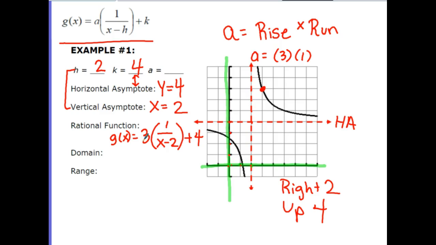The domain is all real numbers except the asymptote. The domain is all real numbers except x equals 2. I should say except. See if I can fit that in there.